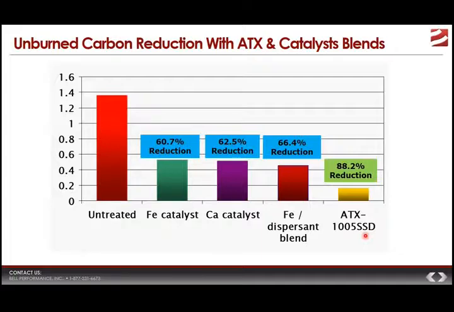An 88% reduction means that all of this carbon that would normally have been left over has now turned into heat and into work for that ship, which means that the user who used ATX 1005 is getting a lot more out of the fuel that they paid for.